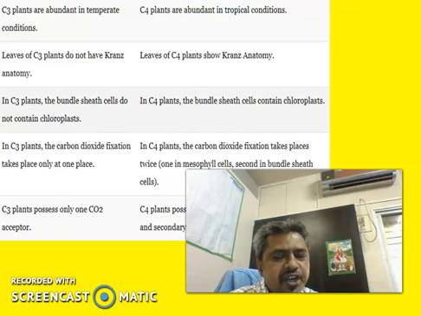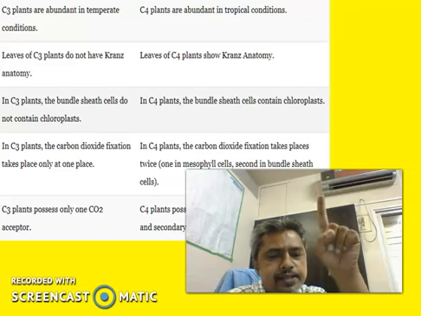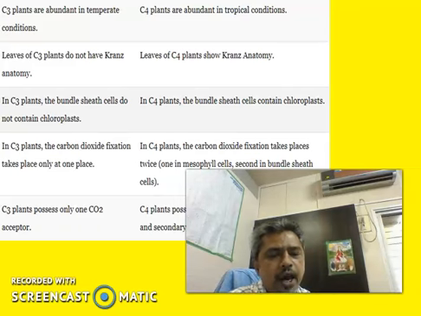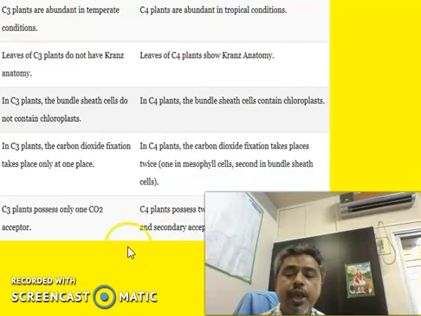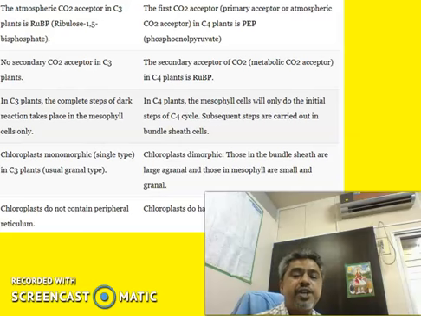In C3, carbon dioxide fixation takes place only at one place. In C4 plants, carbon dioxide fixation takes place twice, first in mesophyll and second in bundle sheath. C3 possesses only one CO2 acceptor and C4 plant possesses two acceptors. The atmospheric CO2 acceptor in C3 plant is RuBP.